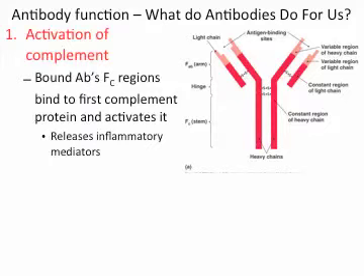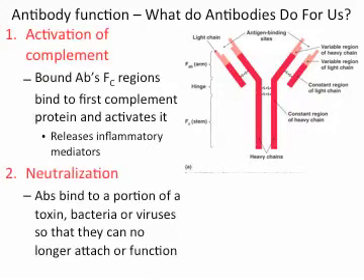Then through a series of enzymatic events and molecular cascades, the complement system becomes activated, and activation of the complement system leads to inflammation. And inflammation we talked about with nonspecific immunity, but inflammatory mediators can eventually go on to destroy the pathogen.